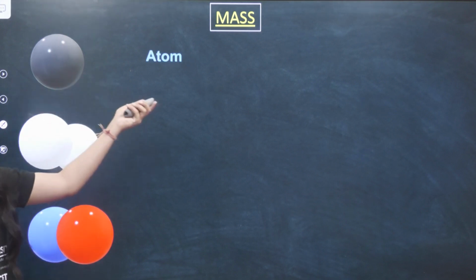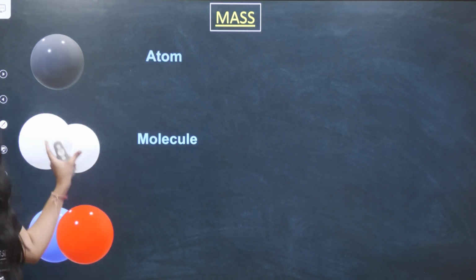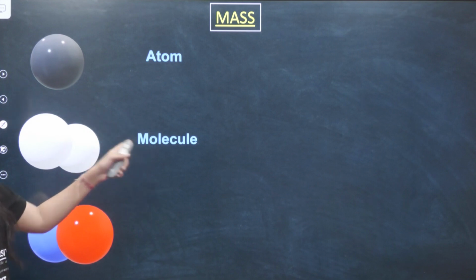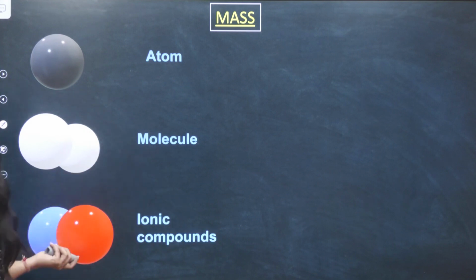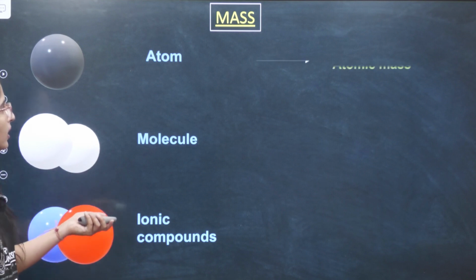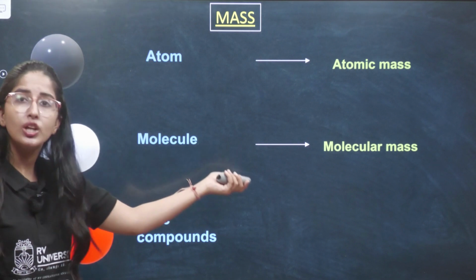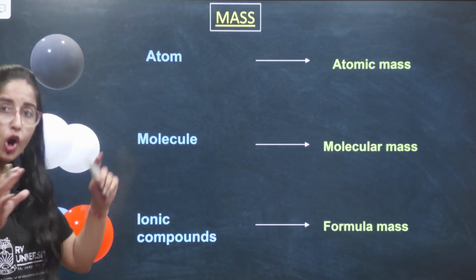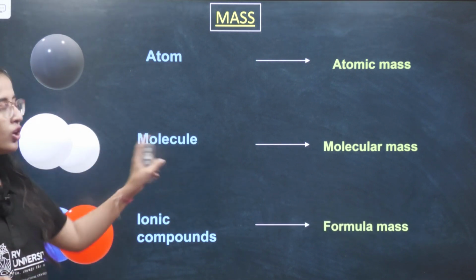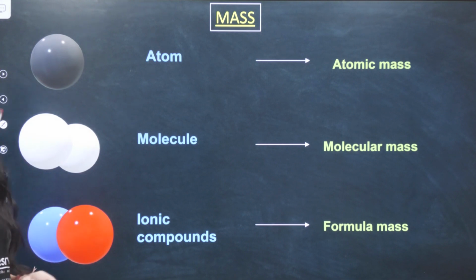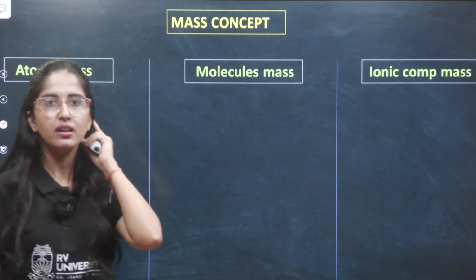Single atom, atom. Same atoms combining, molecule. Two different atoms combined may be ionic compounds or another molecule. So it is your atomic mass, it may be your molecular mass, and if ions are combined, then it is your formula mass. Let us understand one by one.